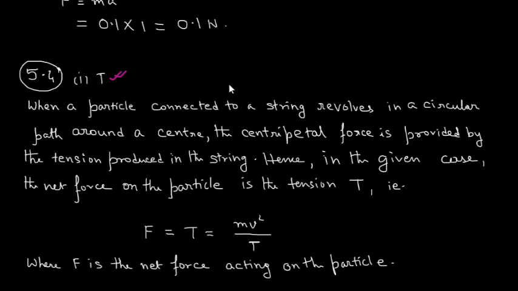Hence, in the given case, the net force on the particle is T. That is, F is equal to T is equal to mv square upon L, where F is the net force acting on the particle. So remember this.